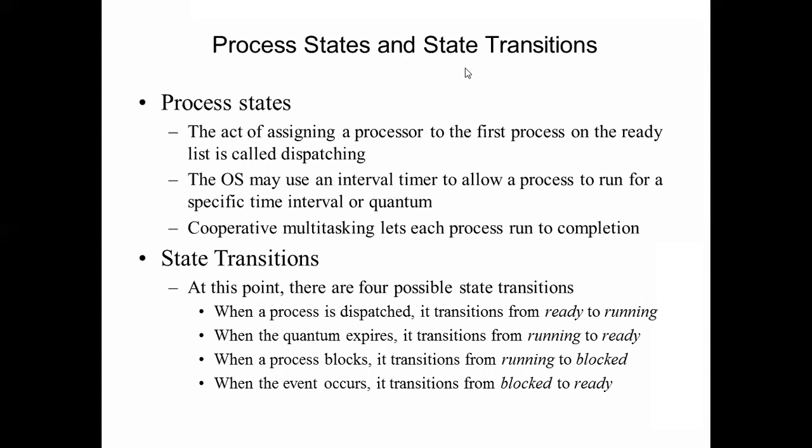So cooperative multitasking lets each process run to completion. After running, the process will come to the completion stage. If there is a multitasking system, then several processes are running at a time, but only one process will execute at a particular time interval.